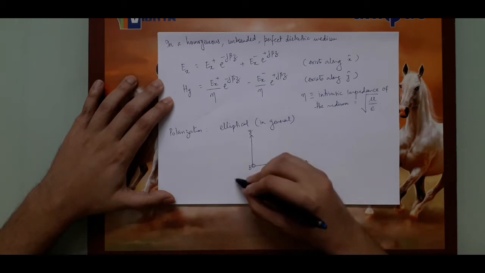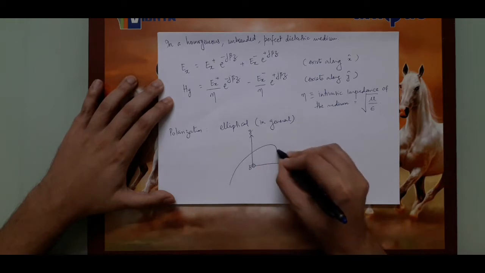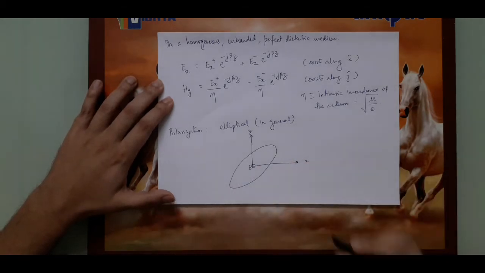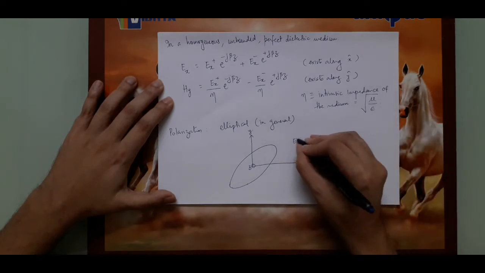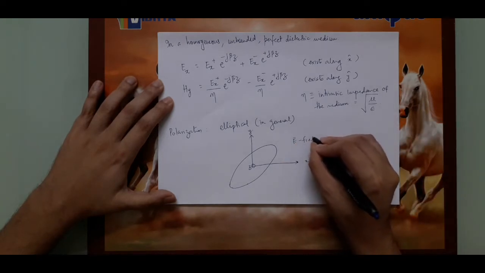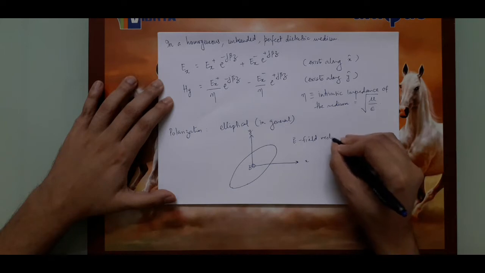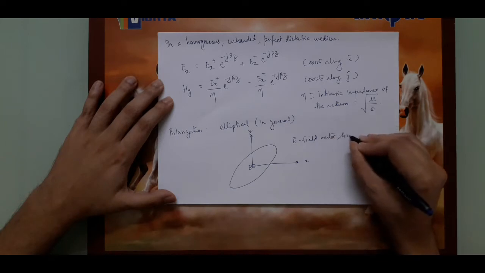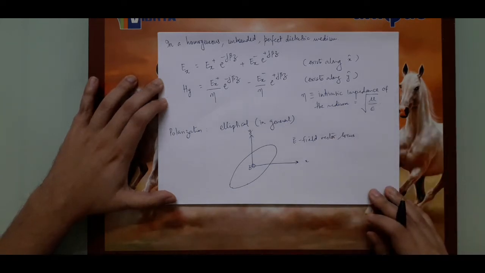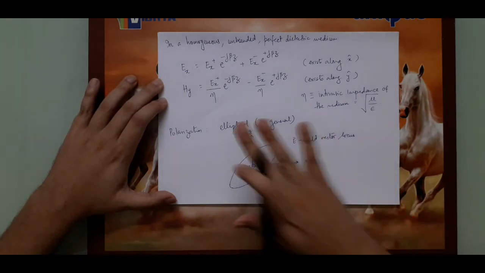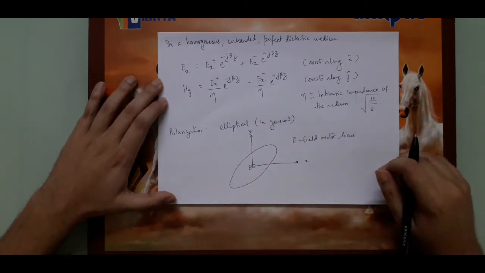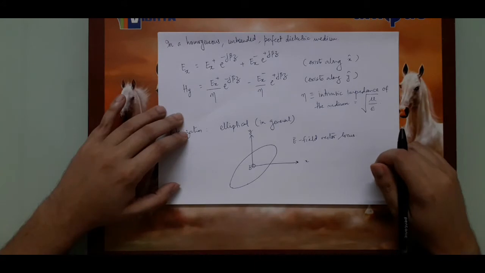So in general, we can have the electric field vector trace out this kind of a locus. So the elliptical case is the most general because all possible cases are covered by this ellipse.